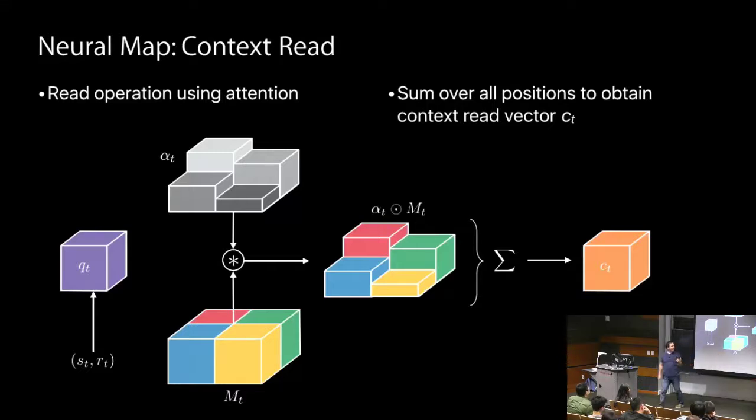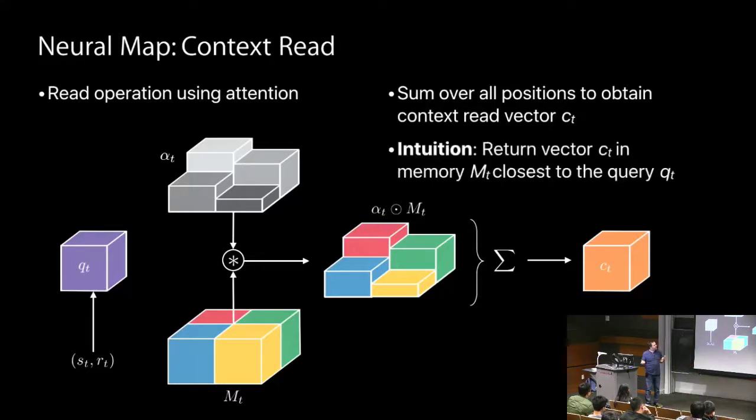The intuition you should have here is that you're basically returning the context vector C sub t in the memory M, which is closest to the query vector Q. That's what you're doing. You're basically saying, given my query, find me the closest vector in my memory.